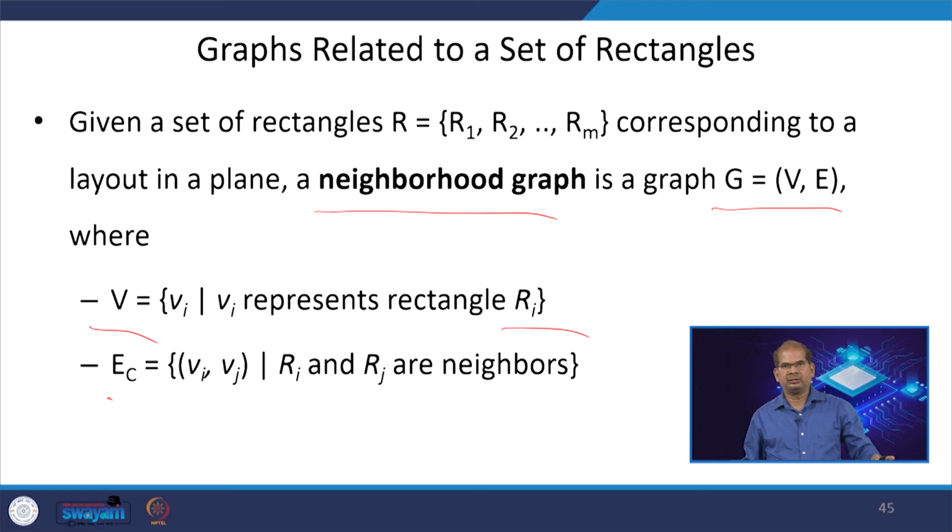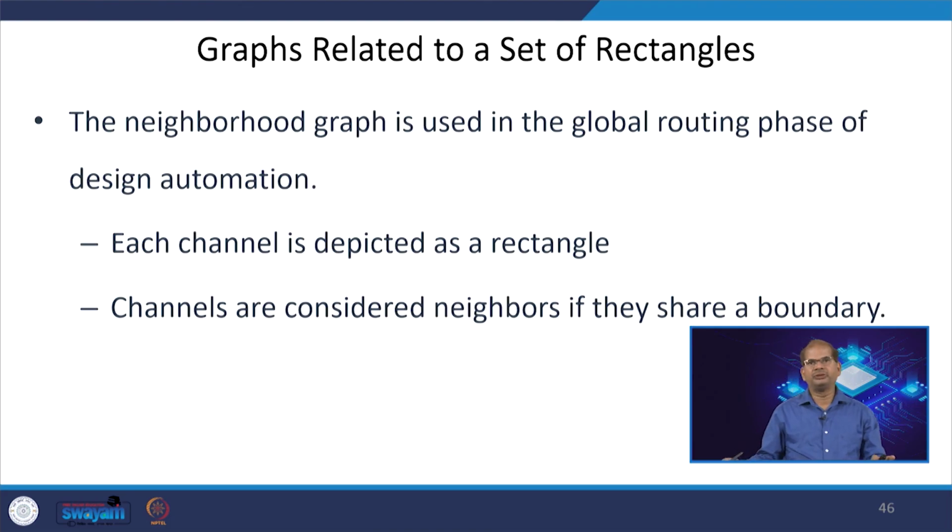So, basically this is your E_C. The neighborhood graph is used in the global routing phase during VLSI physical design. Basically, your channel is depicted as a rectangle, and the neighbors that have a common boundary are connected by edges in the graph.